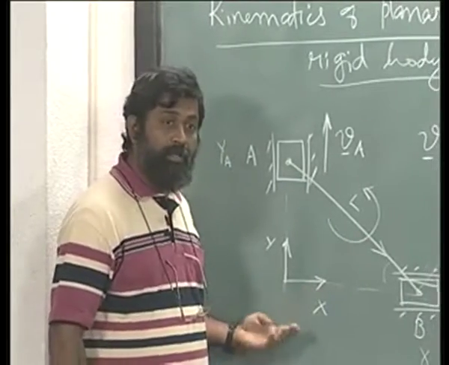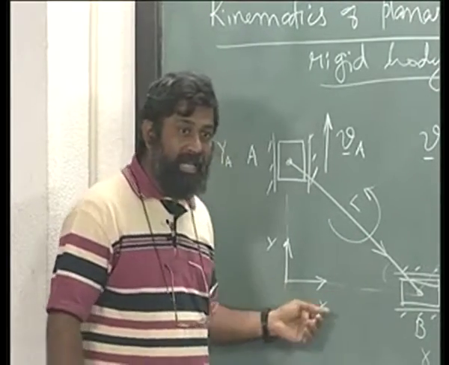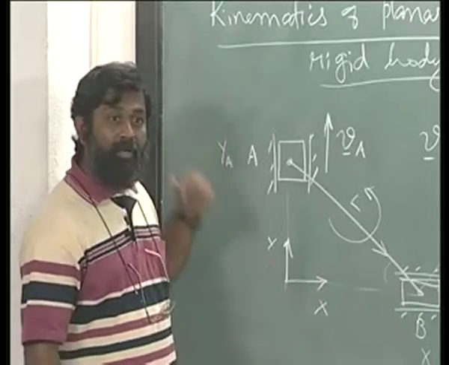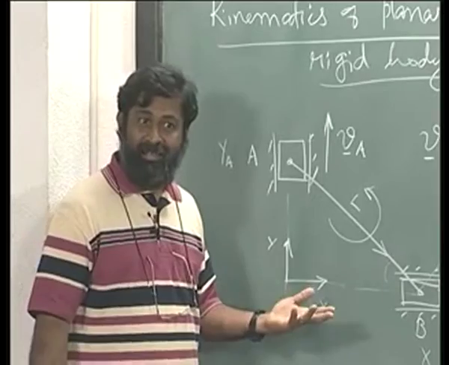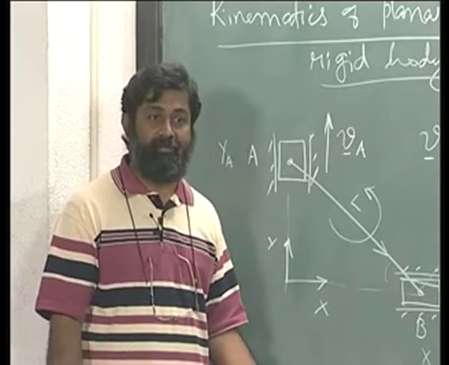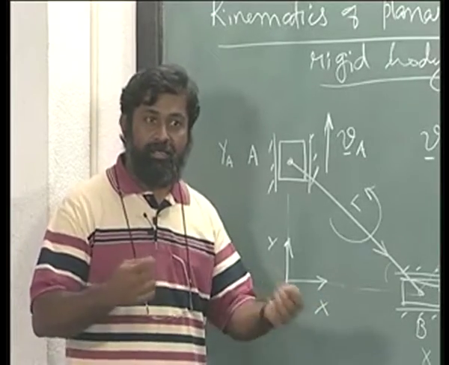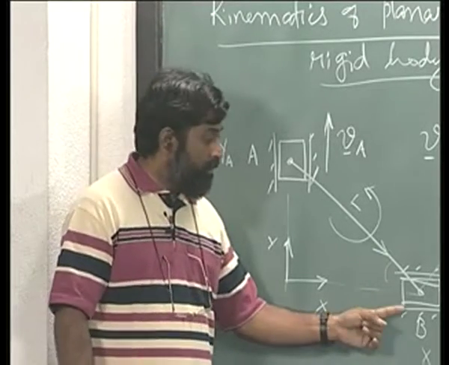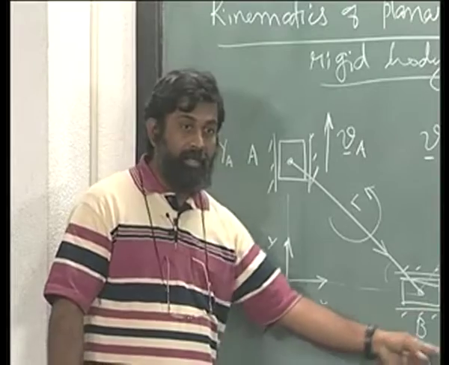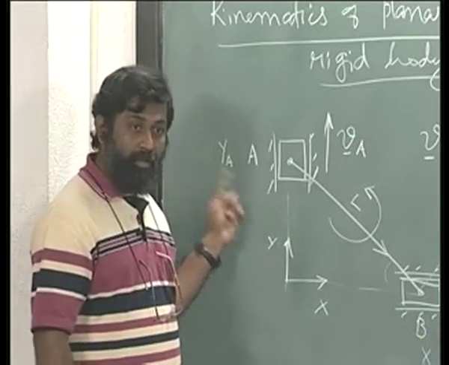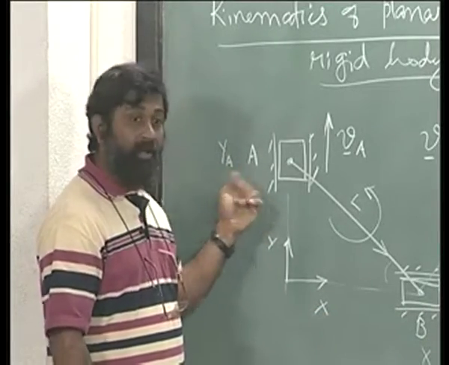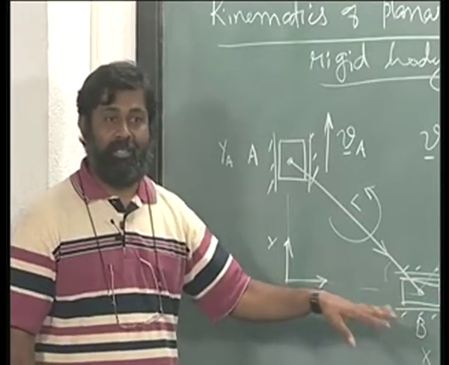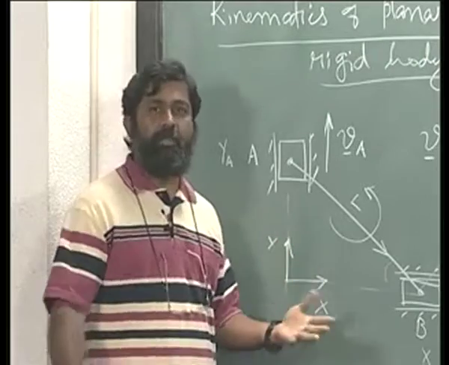I can use that to find out the relationship between xb dot and ya dot, simply by doing a differentiation, and the relationships can be immediately found. As you know, it will depend on xb dot, and ya dot is already known, which means I can find out xb dot immediately. That is a simpler solution.